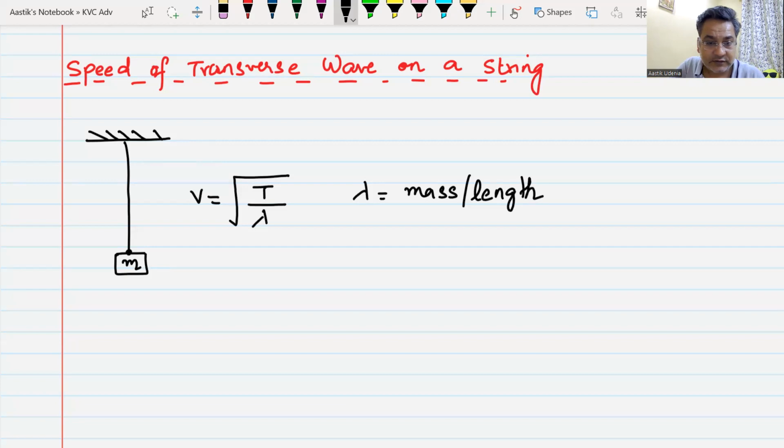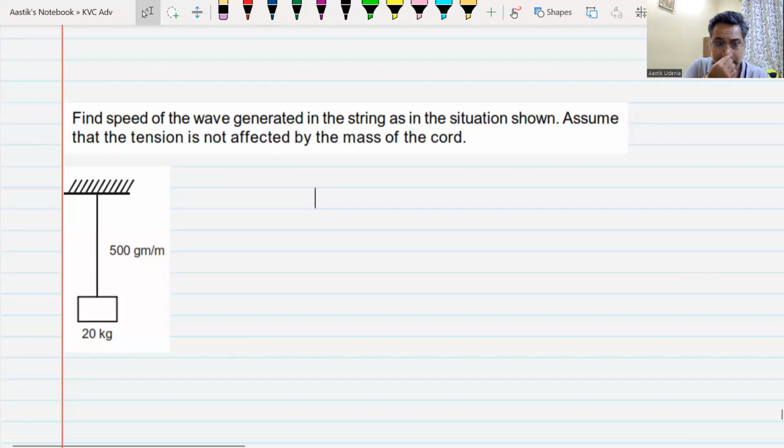So you have a mass hanging from a string, and you have to find out the speed of the wave generated in the string.